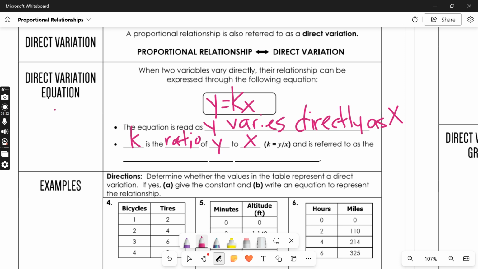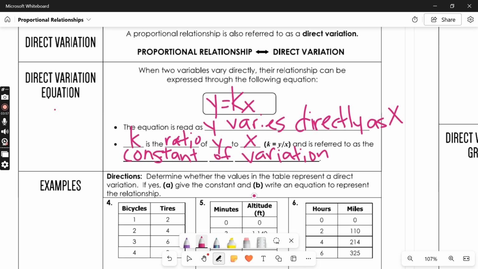And this is called the constant of variation. It can also be called the constant of proportionality, since proportional and direct variation are the same thing. So you could hear it either way. What is the constant of proportionality or the constant of variation?